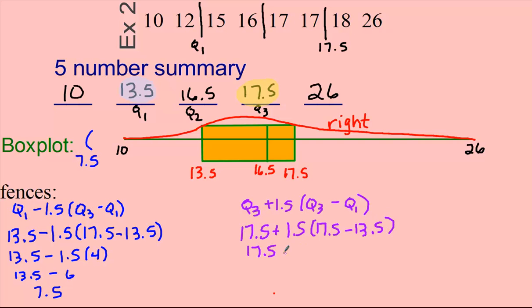So I still have 17.5, plus 1.5 times 4, or 17.5 plus 6, for a total of 23.5. It's going to be around here, showing me that 26 is outside my fence, making it an outlier, which is really why this is happening. Outliers skew the data in our box and whisker plots when the fences are drawn.